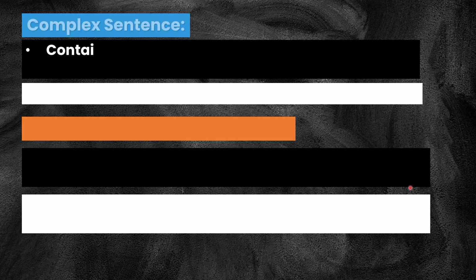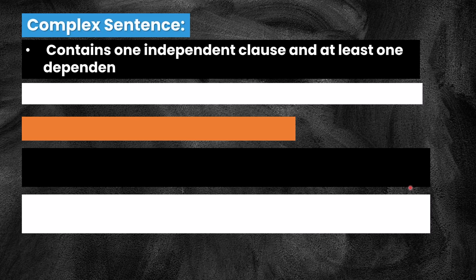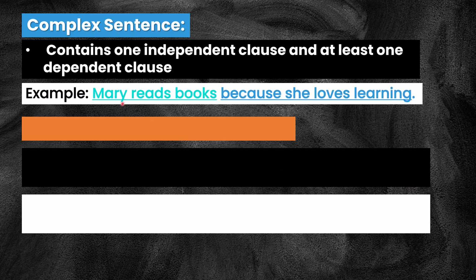The third sentence structure type is complex sentences. And a complex sentence contains one independent clause and at least one dependent clause. For example, Mary reads books because she loves learning. Here we have a complex sentence.